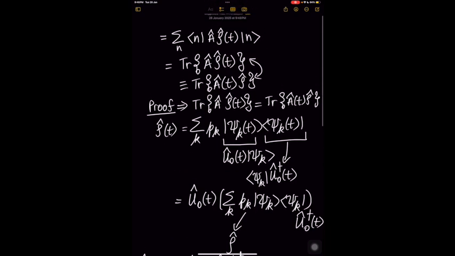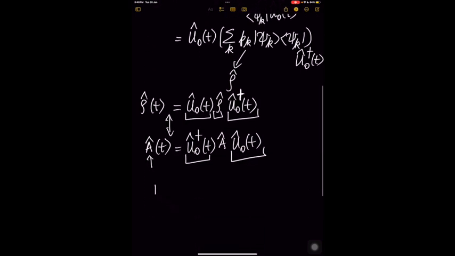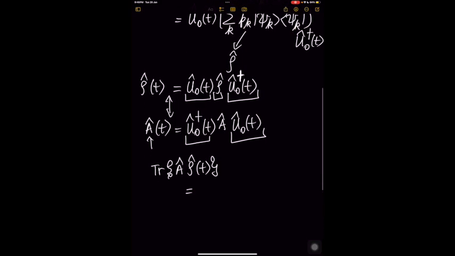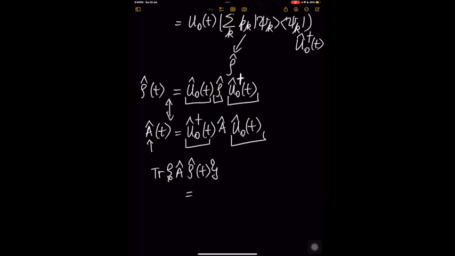So let's just put it in the expression. The trace of A hat rho hat(t), and you want to prove that this is equal to the trace of A hat(t) rho hat. Let's put the expression for the time dependent density operator here. You get A hat U hat(t) rho hat U hat dagger(t).